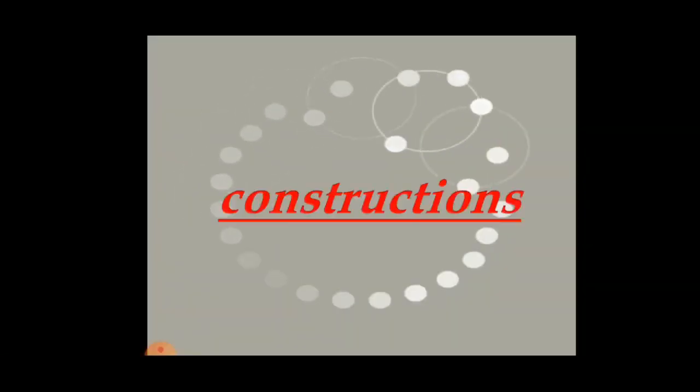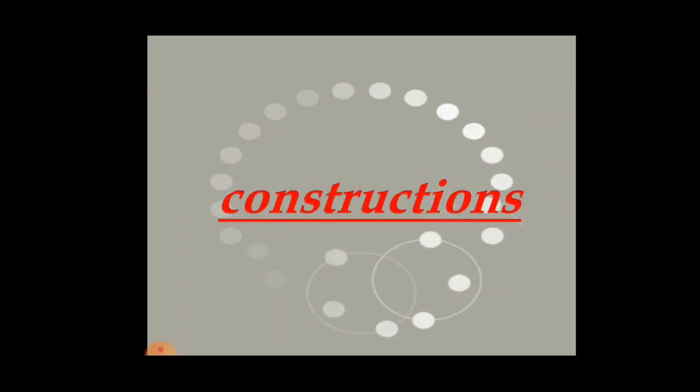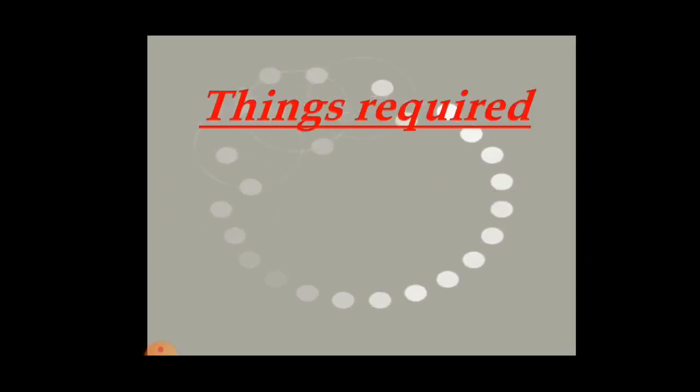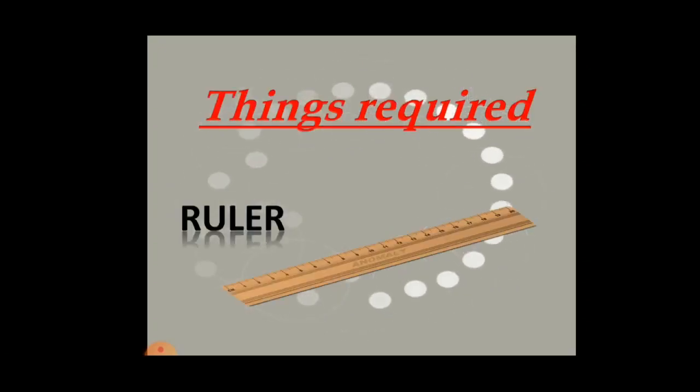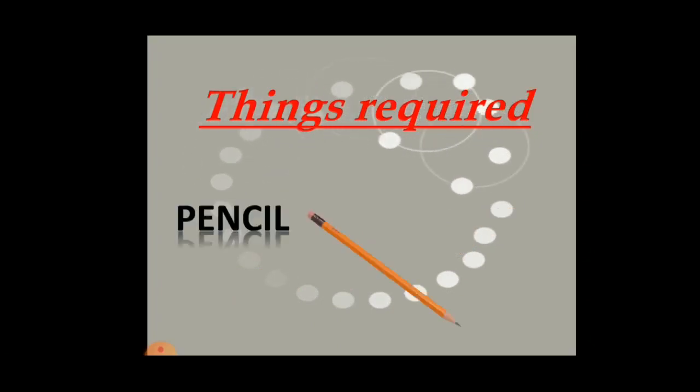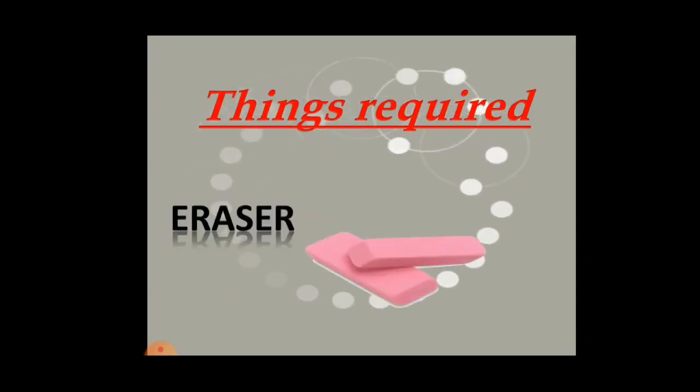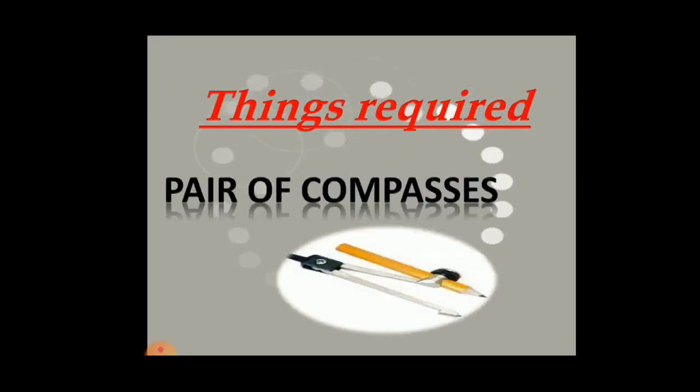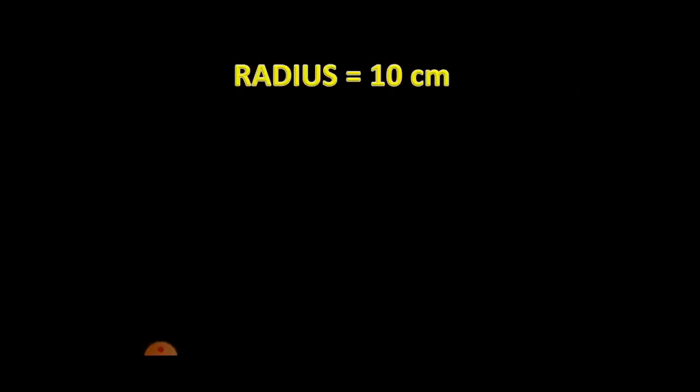Now we'll be seeing the construction work, that is, how to draw a circle when the radius is given. First let's see what things are required. We need a ruler, a pencil, an eraser in case we need it, and a pair of compasses. So let's start.